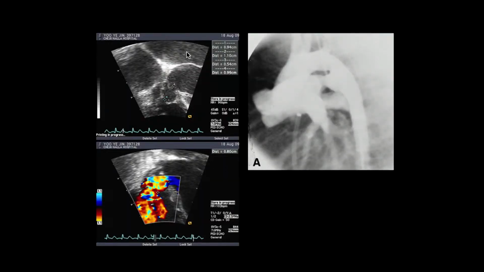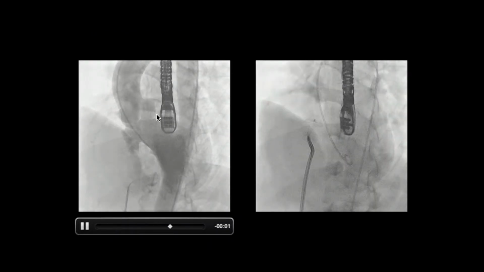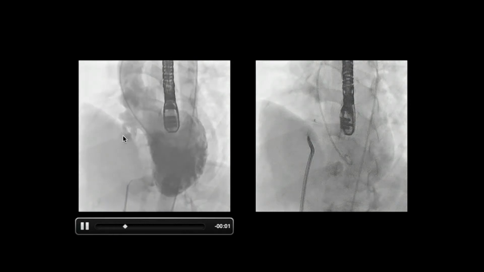This is the echo, LA-LV, and there is a VSD with aneurysmal change. The LV side is large, and the right ventricular side is relatively small. It looks like a PDA. This is the LV angiogram with the aneurysmal change.